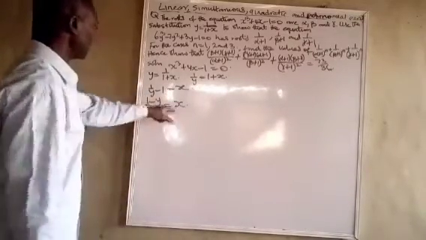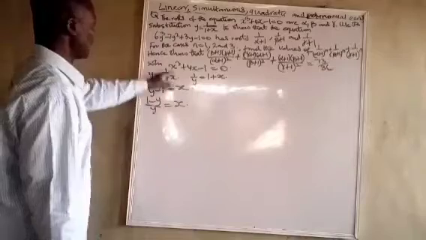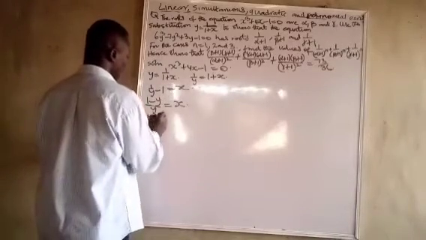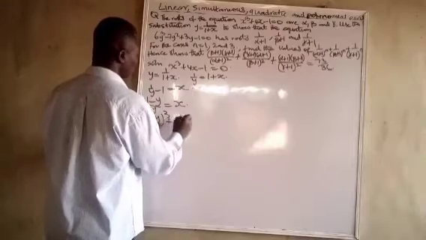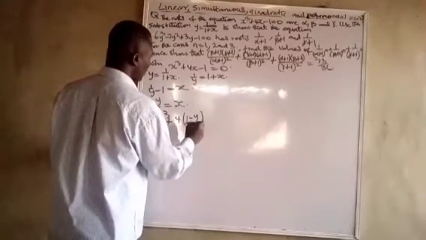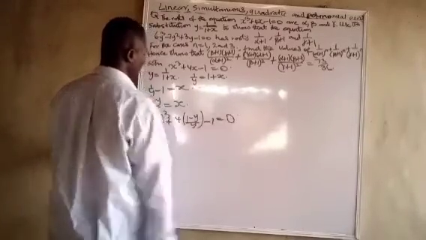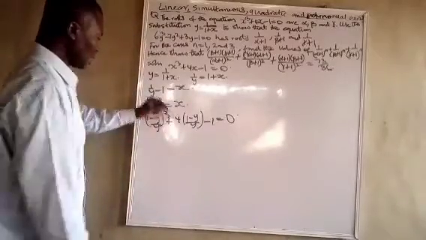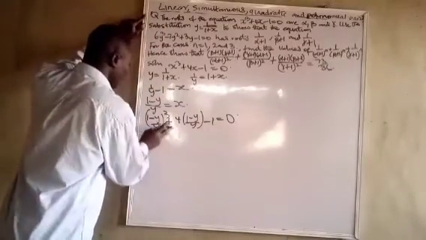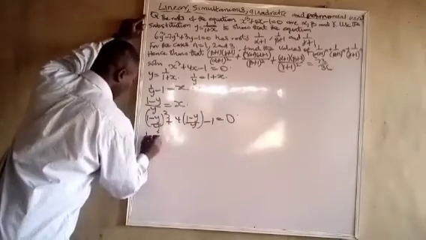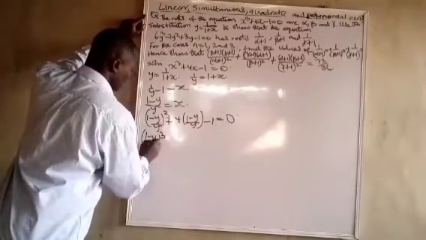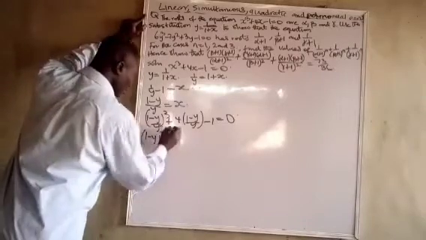Now let me substitute (1 minus y) over y for x in this equation. So I can now say ((1 minus y) over y) cubed plus 4 times (1 minus y) over y minus 1 equals 0. Then, let me multiply through by y cubed.